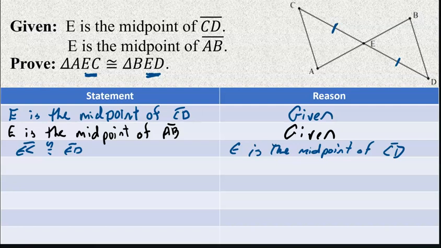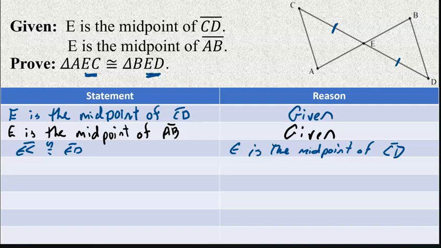So I would not say that CE is congruent to ED. I could say CE is congruent to DE, or EC is congruent to ED, but I cannot swap the order. That's a formality in proofs. Just wanted to share quickly with you.